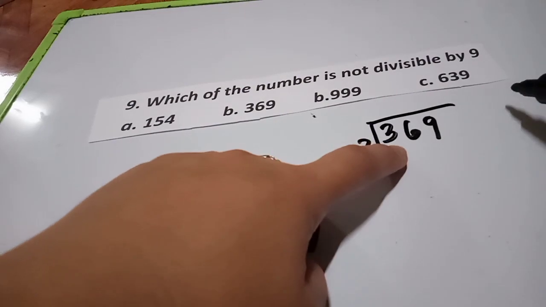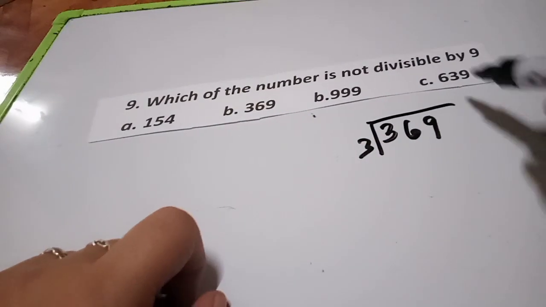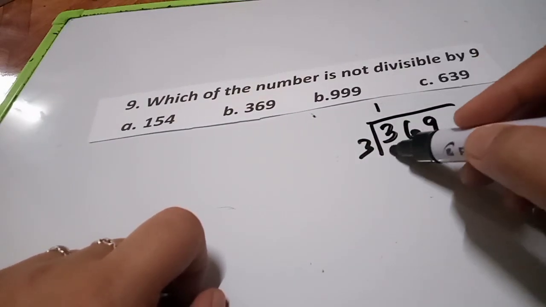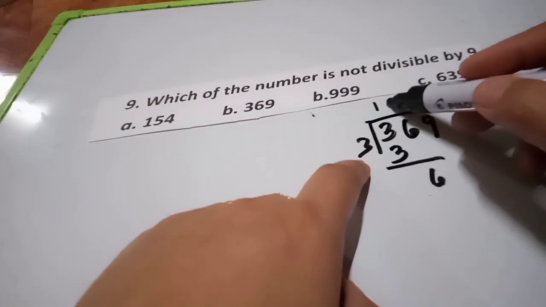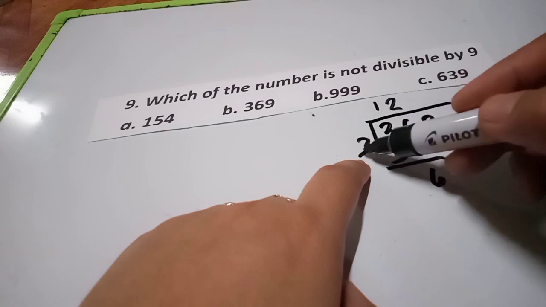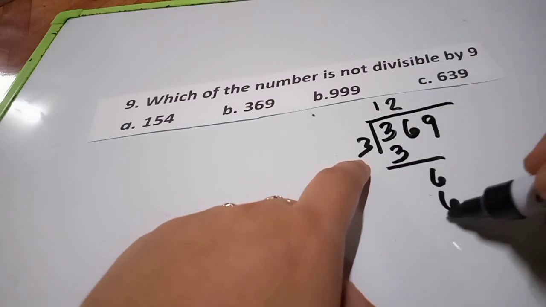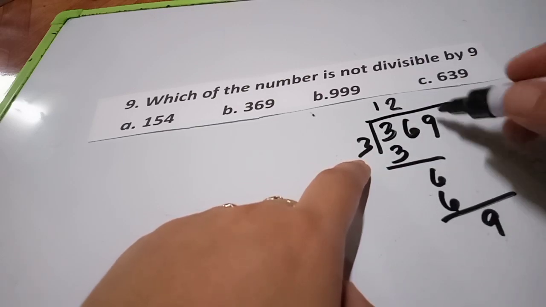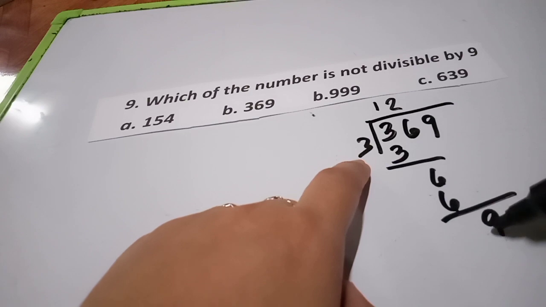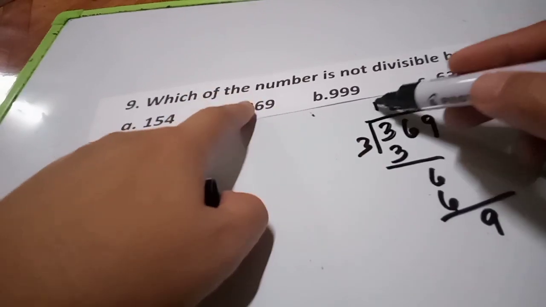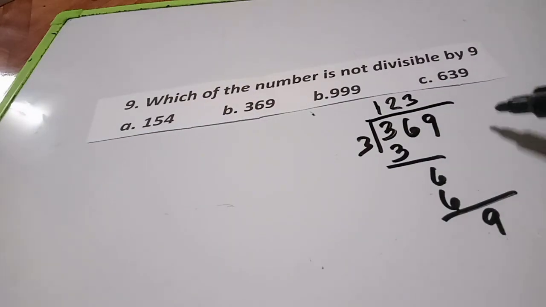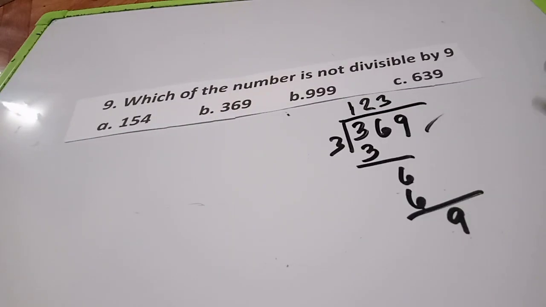Because if you will divide 369, 3 divided by 3 is 1. 6 divided by 3 will become 2. And then 9, if you will bring down 9, 9 divided by 3 is equal to 3. So automatically, this is also divisible by 3.